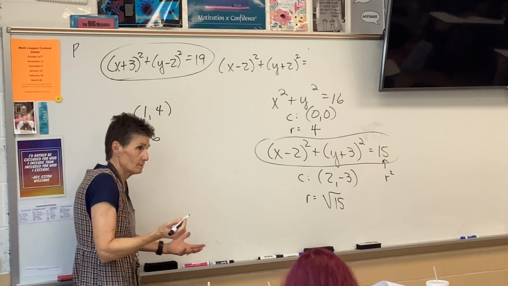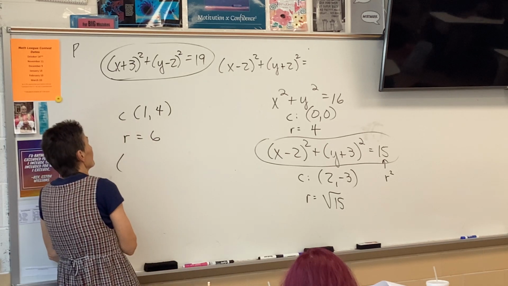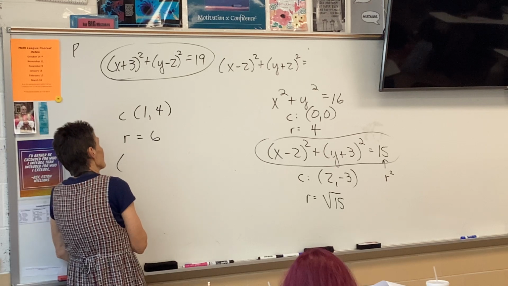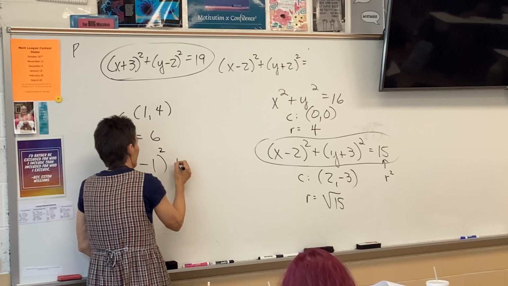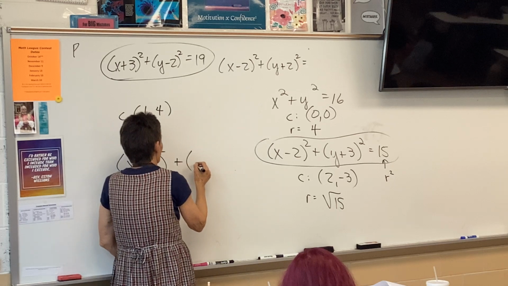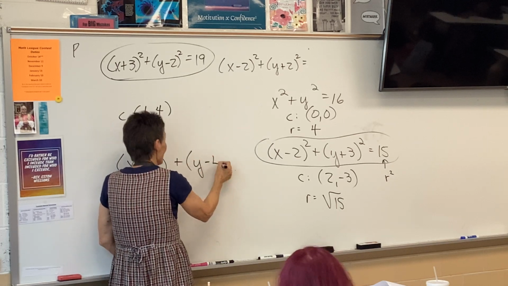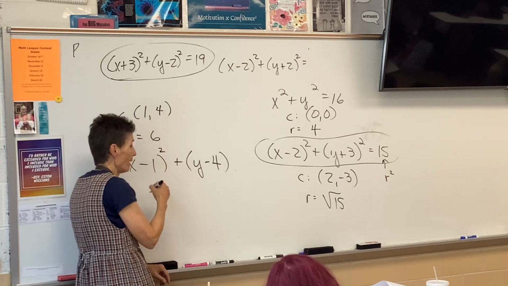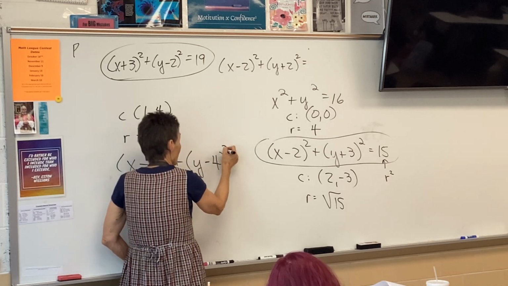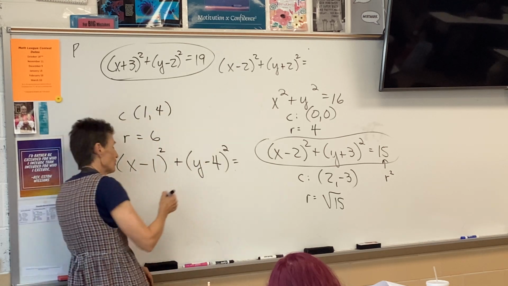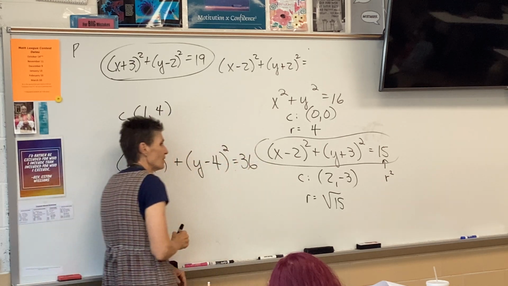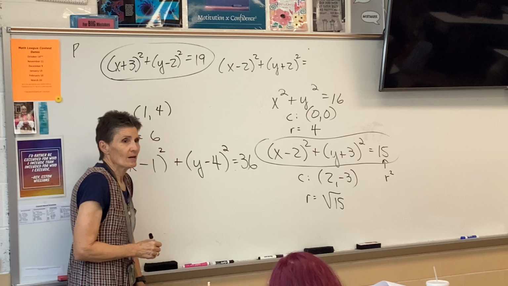What is it? X minus 1 parentheses squared, plus y minus 4, squared. And what's that going to equal? 36, very, very good.